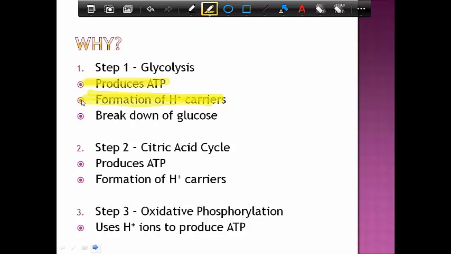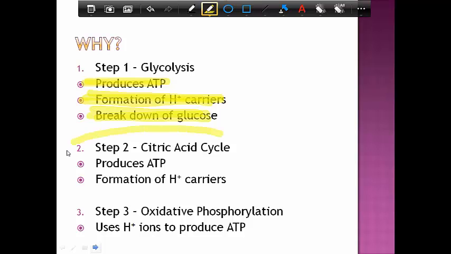Remember, the NAD could pick up hydrogens and turn into NADH to shuttle those hydrogens around where they needed to go. And glycolysis helps us to start breaking down glucose, so that by the time glycolysis is done, we've got 2 3-carbon molecules that are both called pyruvate. So we go from the 6-carbon glucose to 2 3-carbon pyruvates.